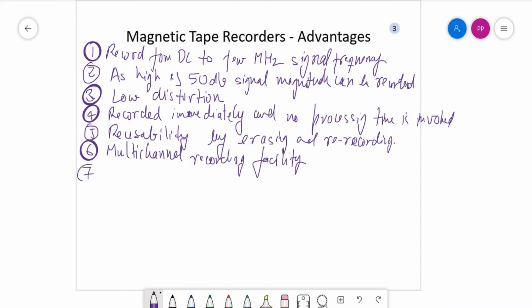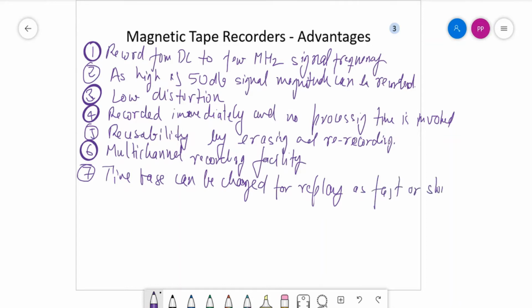So the time base can be changed for replay, faster or slower than the original speed of measurement in time.